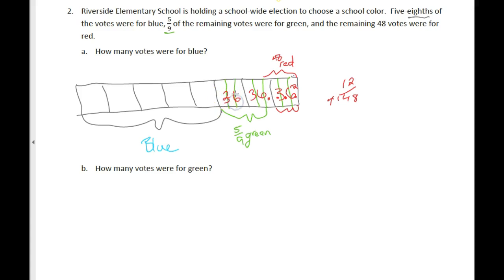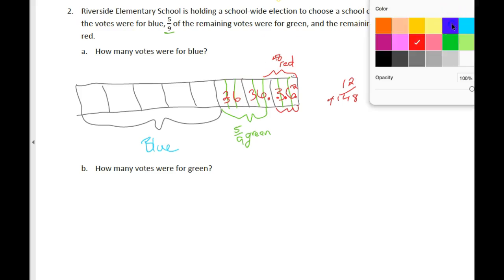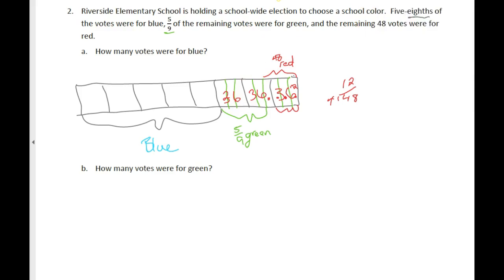Now let's switch to blue and label these other ones, because that's what the question is asking, is how many votes were for blue. So this one right here, this is 36, 36, 36, 36, 36.